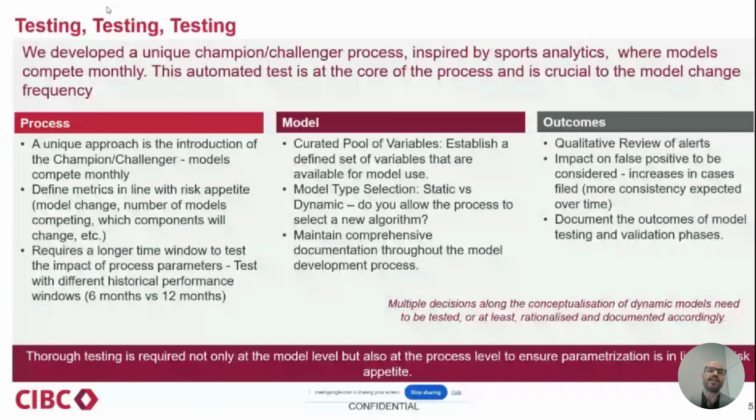So for us, that was our way around it, is to create a pool of variables that the model can select. Second thing too is we decided to have a static model type. Don't be disappointed, it's still a dynamic model, but the choice of model type every month doesn't change. So for us, it's XGBoost. As I said, we do have quite a lot of expertise with that algorithm, and we have that pipeline, so it's XGBoost. So that will stay for us.